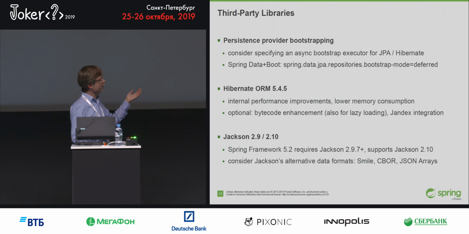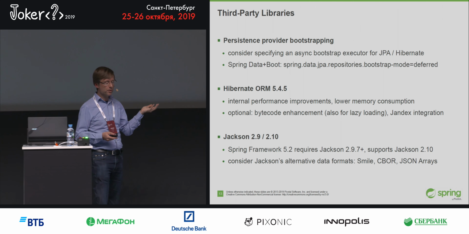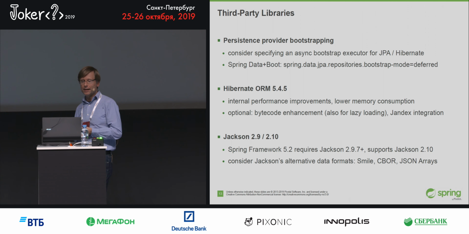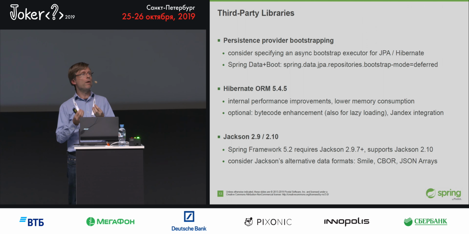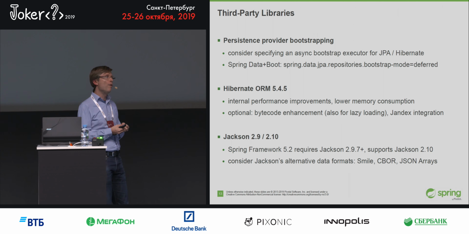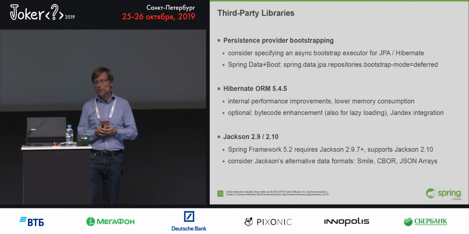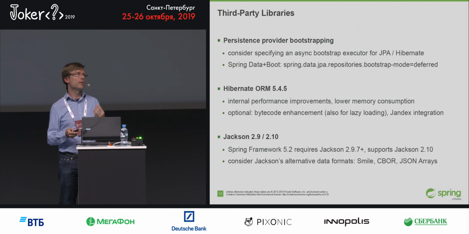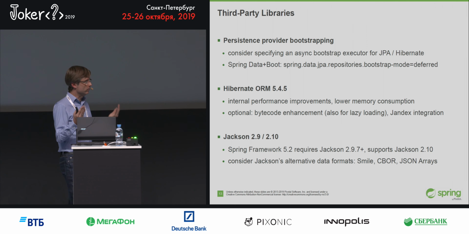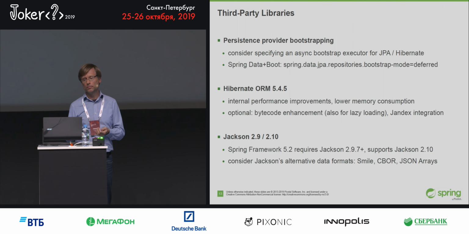But Jackson itself, as a side note here, comes with alternative data formats where the primary benefit is they are more efficient to parse at runtime. So if you can switch to an alternative format for service-to-service interaction, you might want to go with Smile or CBOR instead of standard JSON, just for the runtime efficiency of it all.